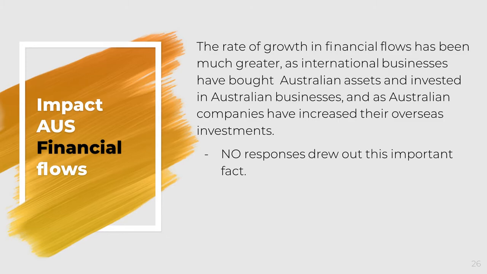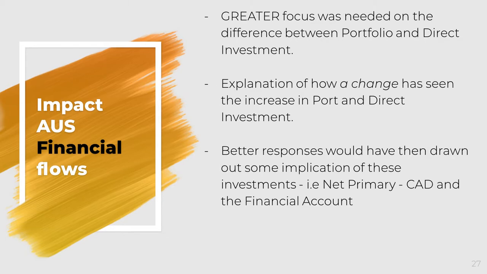Super important, and no response really drew out how financial flows have increased at a much greater rate than trade flows. We need to show the marker that we understand that financial flows are significant for the Australian economy, but also that they have undergone more change than the trade in goods and services.